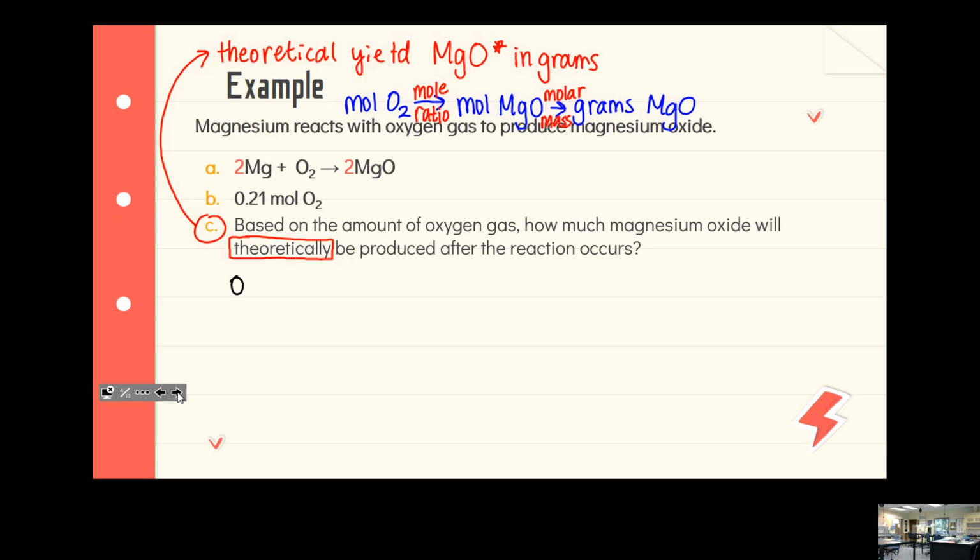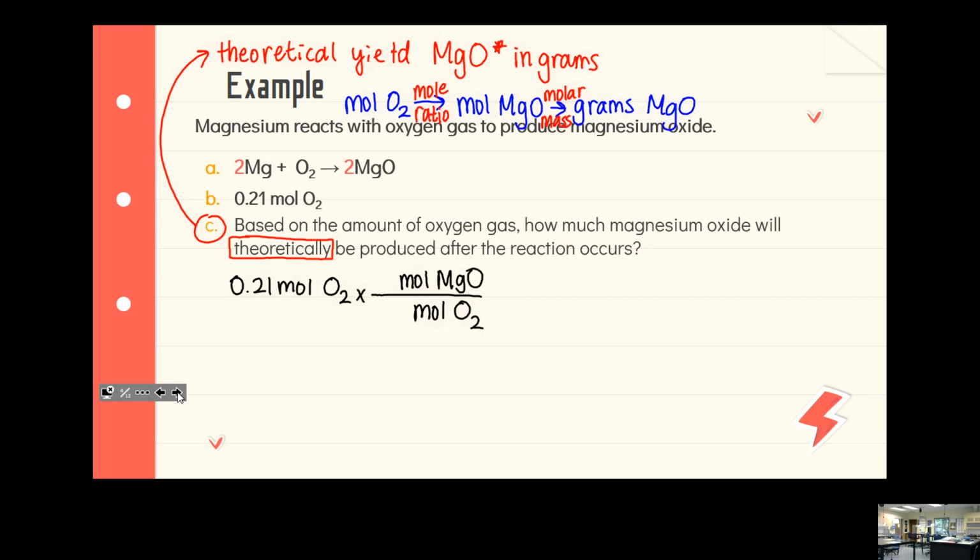Let's bring down the amount we have of oxygen gas. I'm going to set up my mole ratio. I want to cancel out moles of O2, so we're going to drop that to the bottom, and I'm trying to get moles of magnesium oxide.